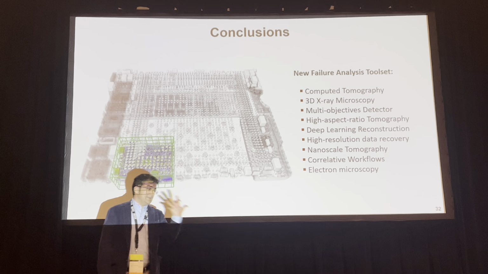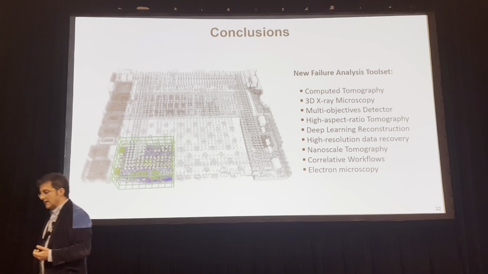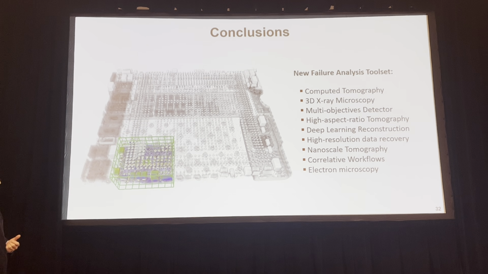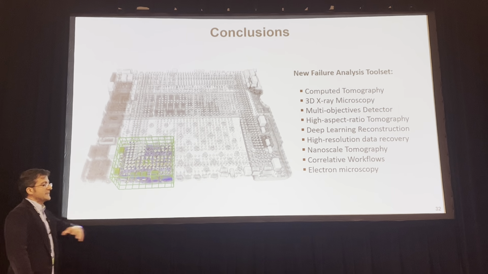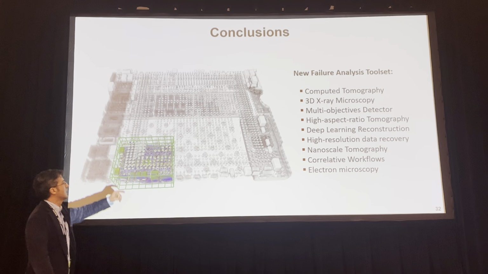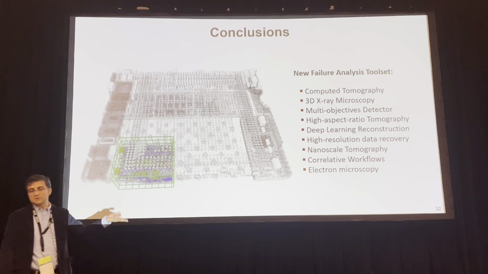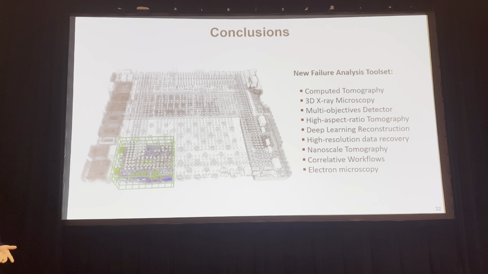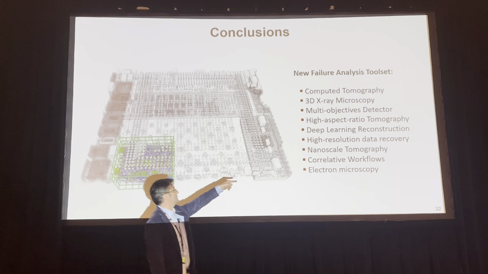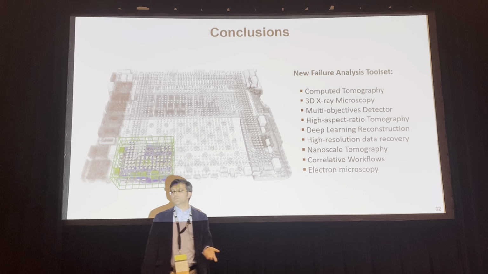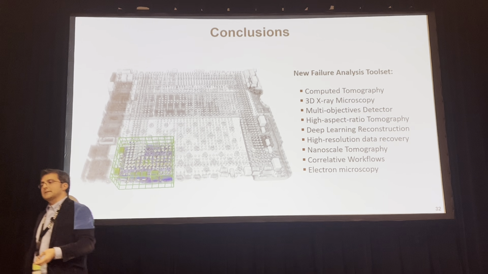Then, how you can integrate deep learning algorithms for two things: speeding the reconstruction of the data at high resolution, and also expanding the field of view. Then we went a little bit into nanoscale tomography and correlative workflows with electron microscopy, but I didn't talk a lot about that, because we've seen a lot of talks about that already during the conference.